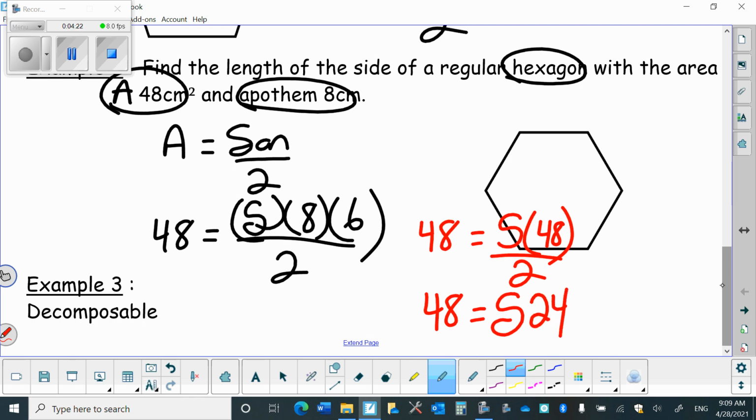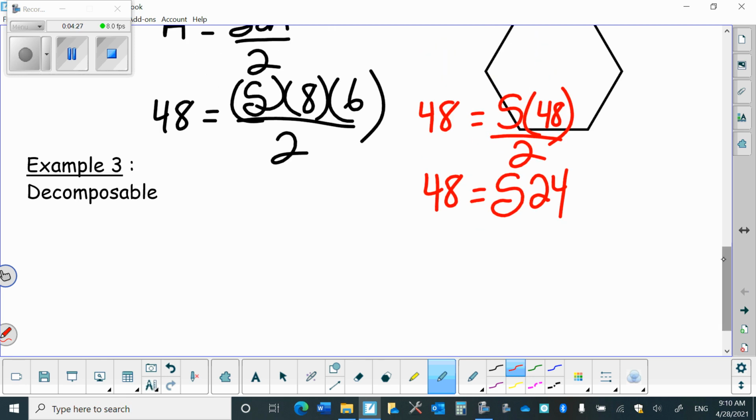You could definitely move the 2 over if you want. It really depends on how you want to solve it. Last step, I want the 24 gone. Opposite of multiplying is dividing each side by 24. So my s, my side length, is equal to 2.